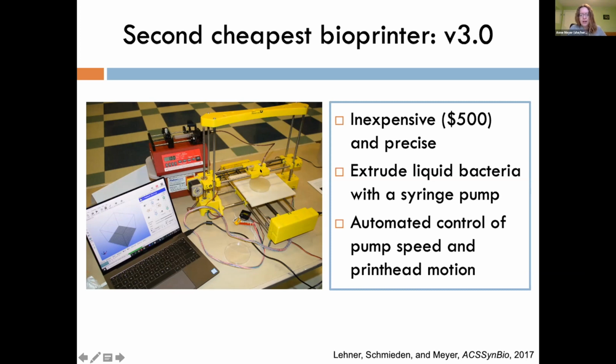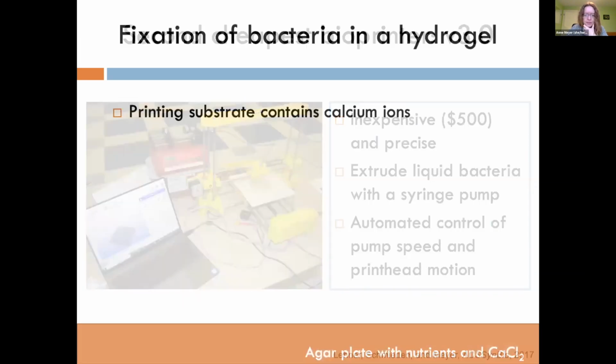So what we get from this 3D printer is the precise positioning of the printhead over time, right? And then the syringe pump is making sure that our bacteria is squeezed out at the end of the tube, so it's deposited on our printing surface at precise locations over time. So you have good automated control over the speed of the pump and the printhead motion.